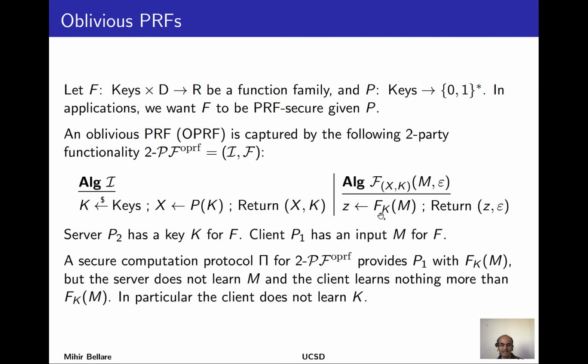There's also a security guarantee on the other side. You don't want party 1 to learn the key. It shouldn't be able to, in particular, evaluate this function f_k on any other message than the one through which it interacted with this other party to obtain this result. Okay, so that's what we want. That's why it's called oblivious.